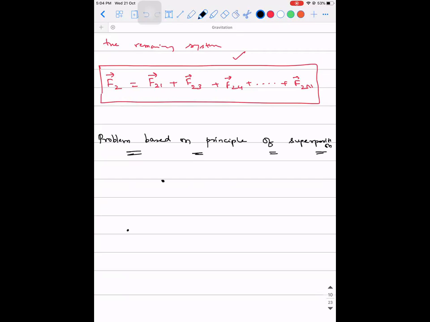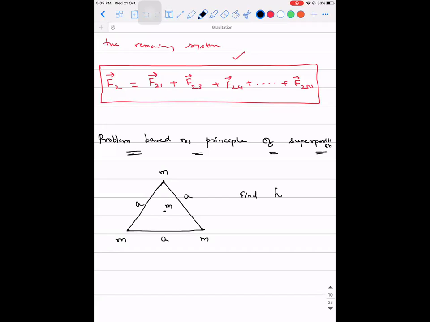Listen. I'm saying there are three masses of equal value which are kept at the vertices of an equilateral triangle. There is a fourth mass of the same value m that is placed at the centroid of this equilateral triangle.